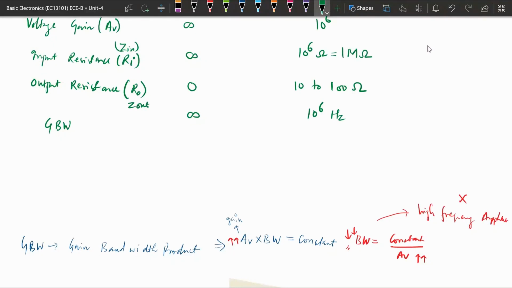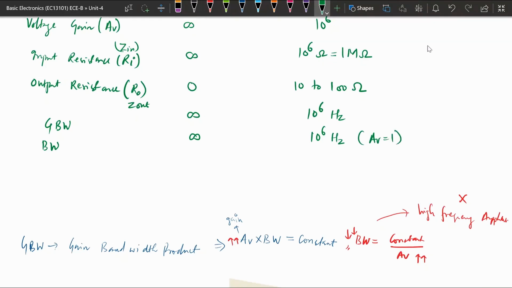As for bandwidth, in the ideal operational amplifier it is considered to be infinity, but in the practical one it is 10 to the power 6 hertz. This is the case when gain is 1. If gain is 1, then bandwidth is considered to be infinity.